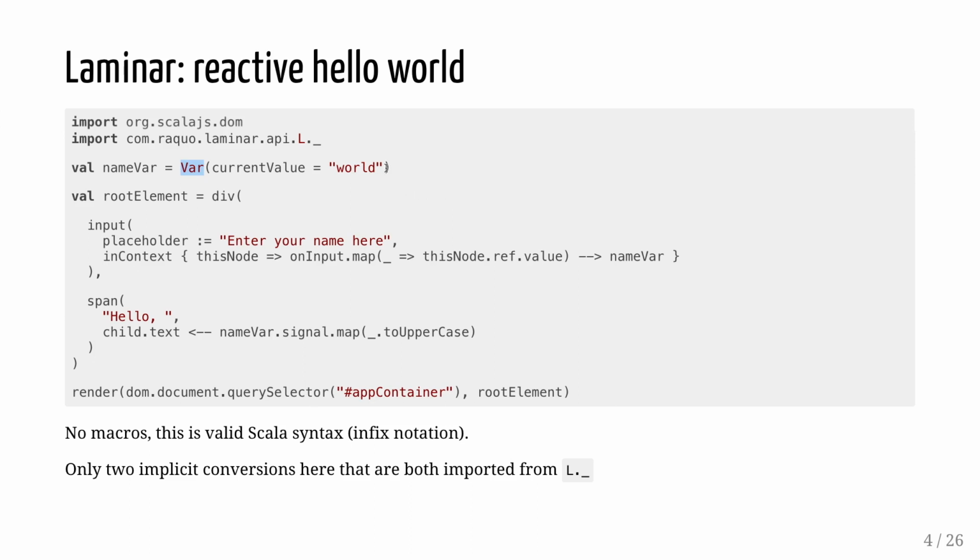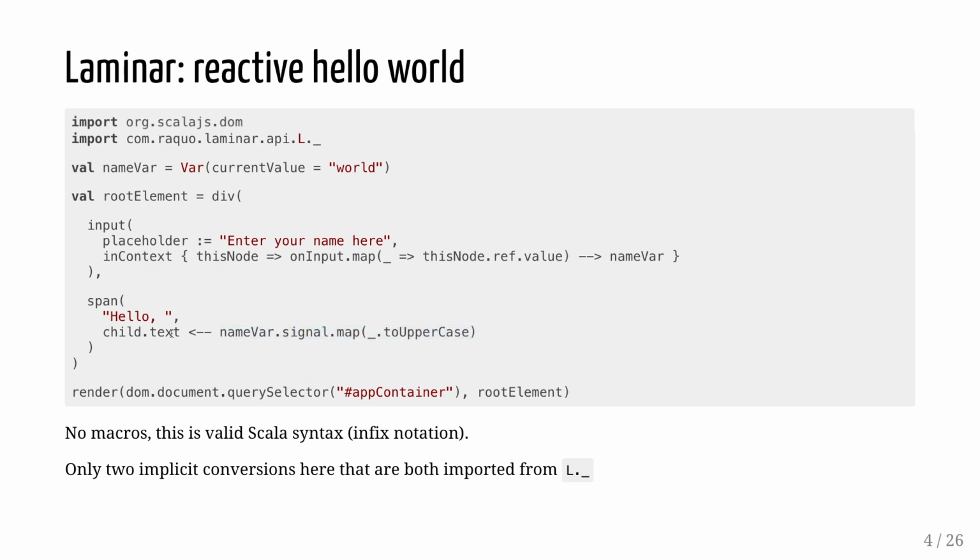And we start off with the initial value of world, just so that when the application opens, we're going to print hello world and not hello and then nothing, because that just wouldn't be very friendly. So let's see how we read and write into that name Var. We listen to its signal, which, as you remember, contains all of the updates coming in, all the updated names. And then we uppercase it, producing a new signal of uppercase names.